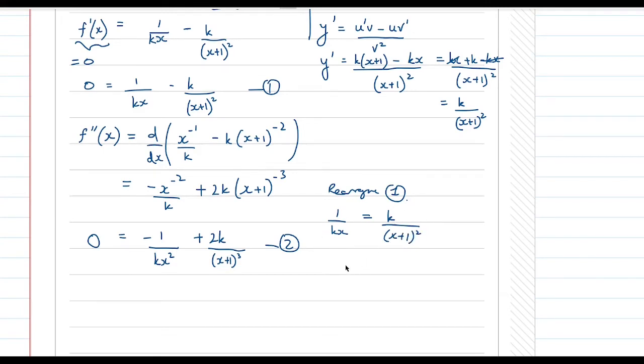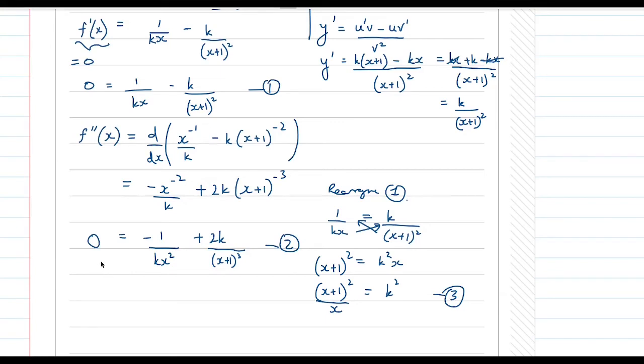Multiplying both sides by kx, we have 1 equals k squared x. And also multiplying both sides by x plus 1 squared, so we've just cross multiplied. Now if I divide both sides by x, then k squared is going to be x plus 1 squared over x. I'm just going to leave it like this for now.